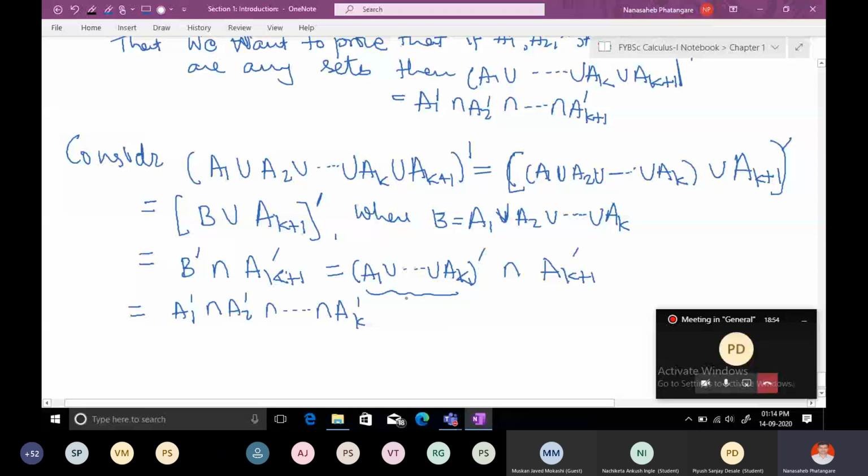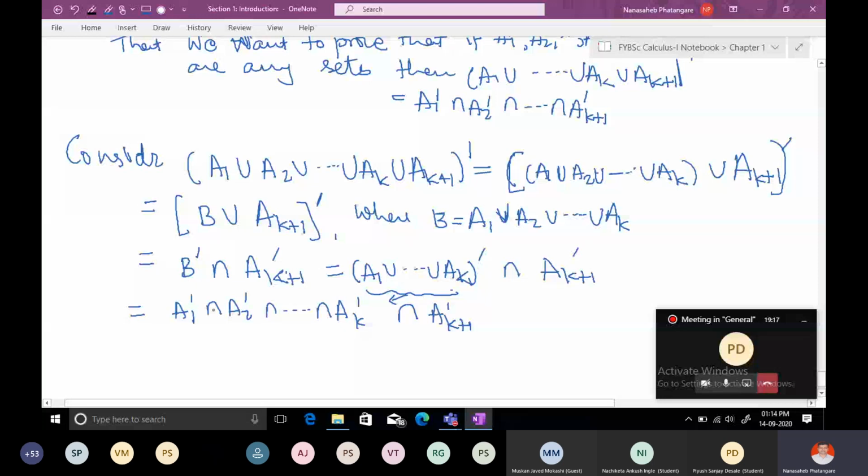Now its intersection with ak plus 1 complement. This bracket I have written in this way, it is possible by the induction hypothesis, and ak plus 1 complement as it is. So ultimately what we got: the complement of a1 union a2 up to ak plus 1 is a1 complement intersection a2 complement and so on up to ak plus 1 complement.